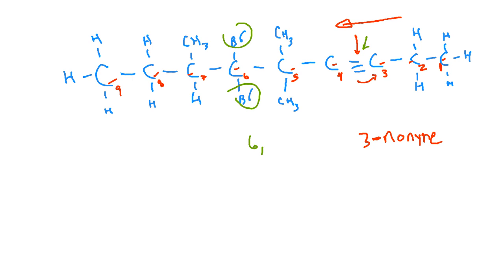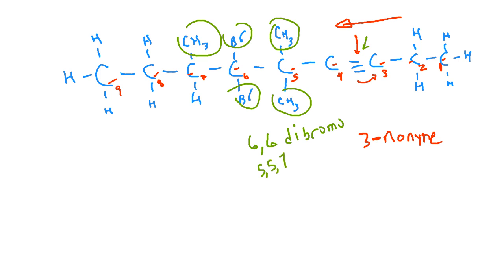Then we have a methyl and a methyl, so that looks like 5,5,7-trimethyl. 3-nonyne. The 3 tells us where the triple bond is. Once again, where the triple bond or the double bond is determines what direction we need to count. So let's do another example.